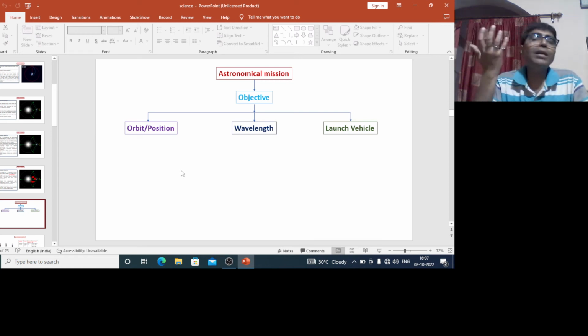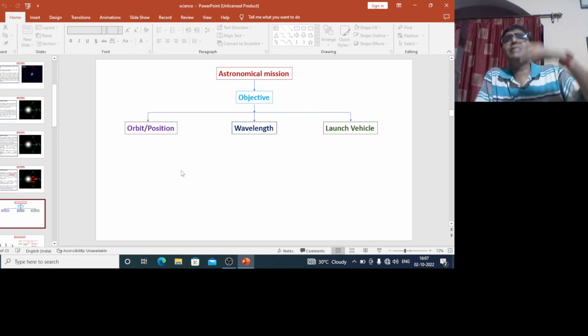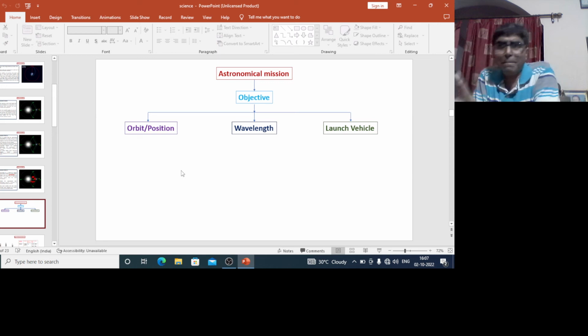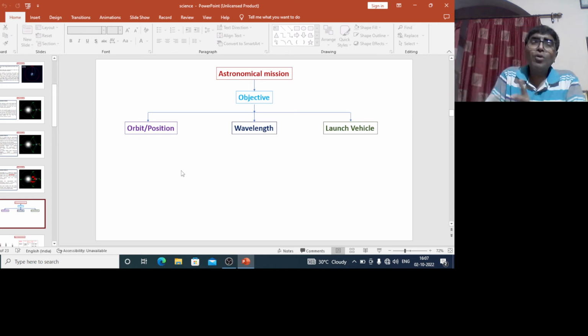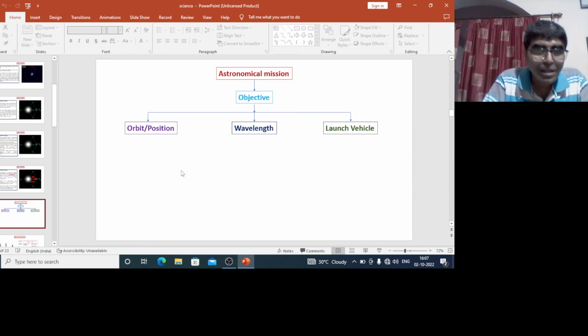And the launch vehicle: the vehicle with which a spacecraft is going. That may be a GSLV or a PSLV, and also other small launch vehicles which are coming, that is the small satellite launch vehicle or the nano satellite launch vehicle. These are also coming in the pipeline. So astronomical missions are related to these three parts.